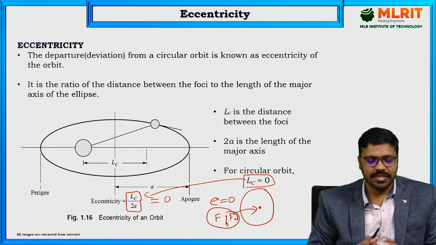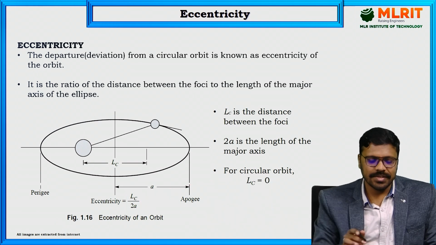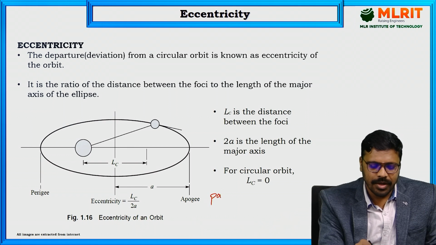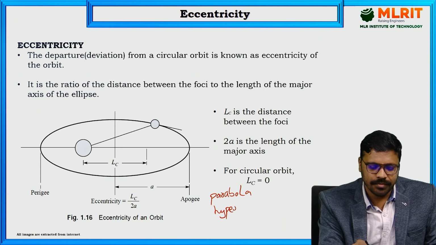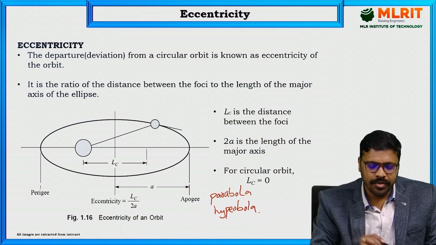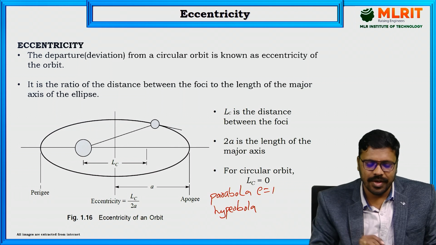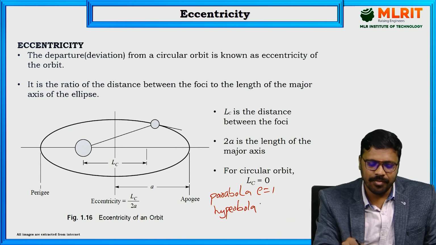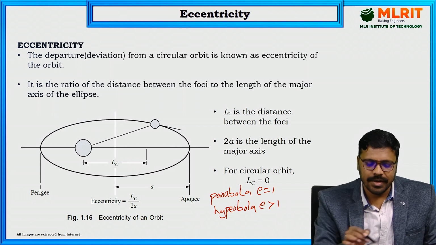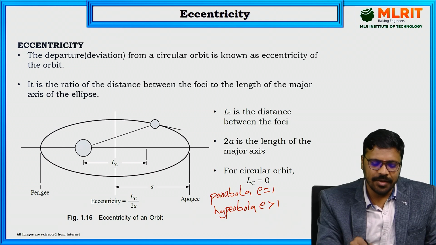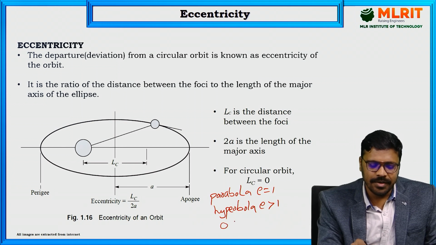The same method, we also use to calculate the eccentricity for parabola and also hyperbola. If you go to the parabola, the eccentricity is equal to 1, for hyperbola eccentricity is greater than 1, and for ellipse it is in between 0 and 1.